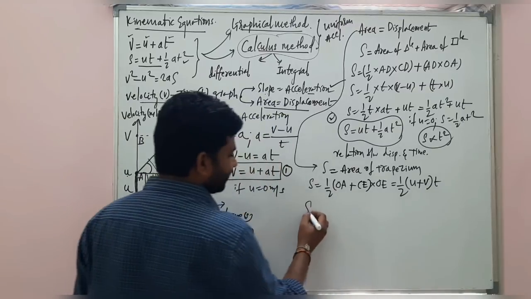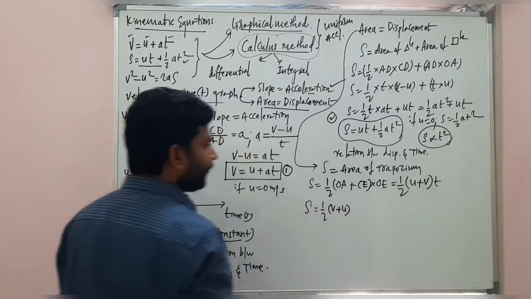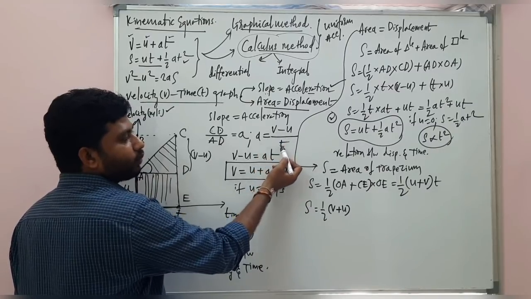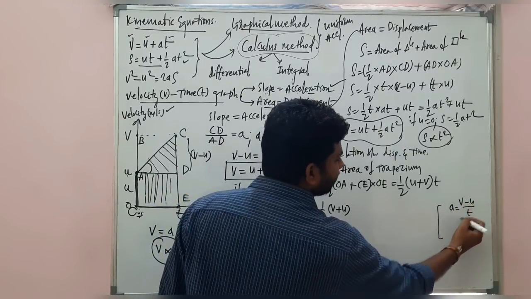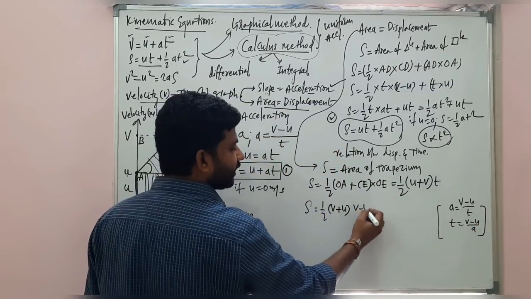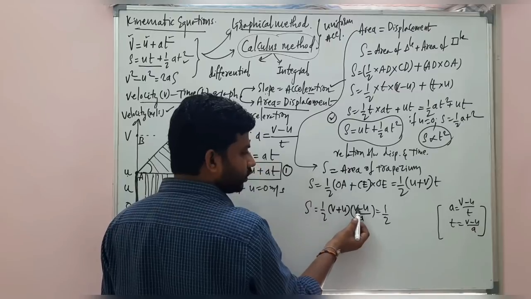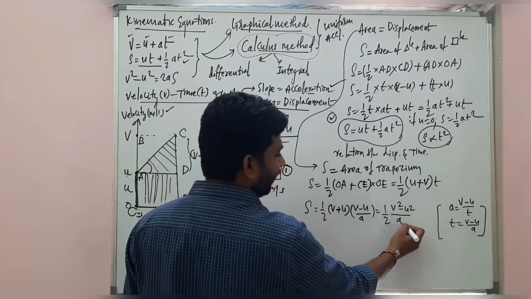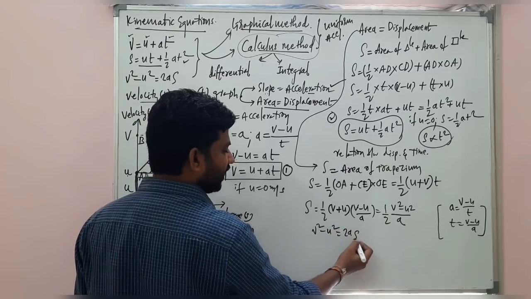Now this S is equal to half into U plus V, I am writing as V plus U, into t. Again from the first equation, t will come here as V minus U by A. So from acceleration is equal to V minus U by t, t is equal to V minus U by A. Now here, half into V plus U into V minus U by A. The numerator, V plus U into V minus U, is V square minus U square, by A. So just cross multiply, V square minus U square is equal to 2AS.